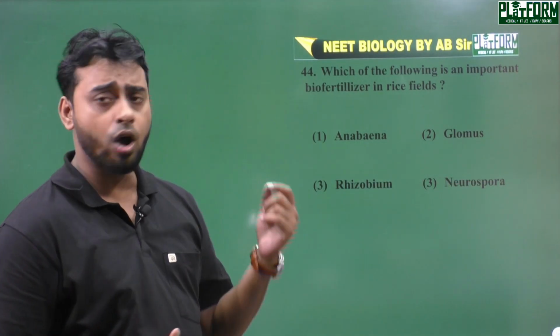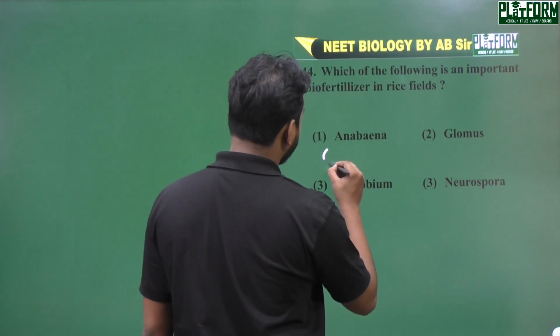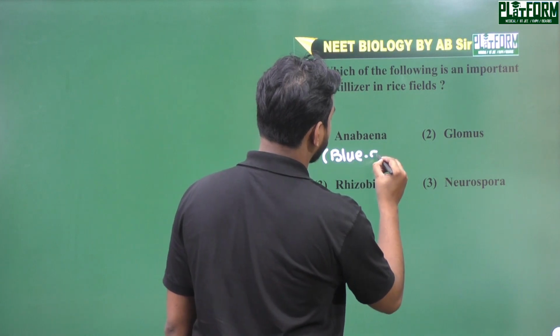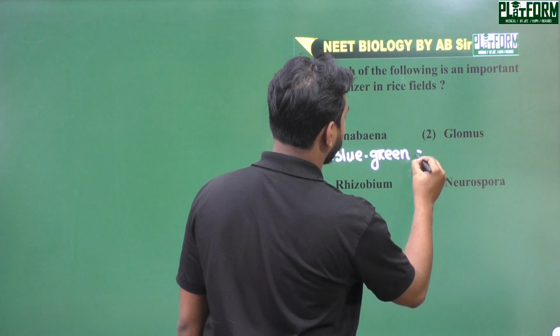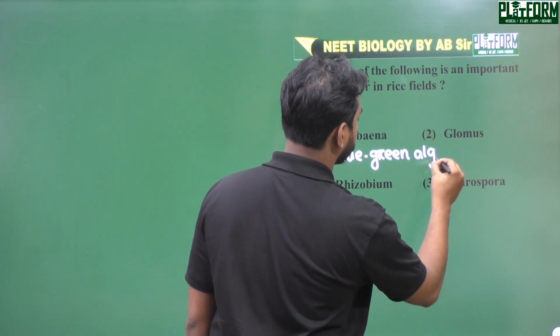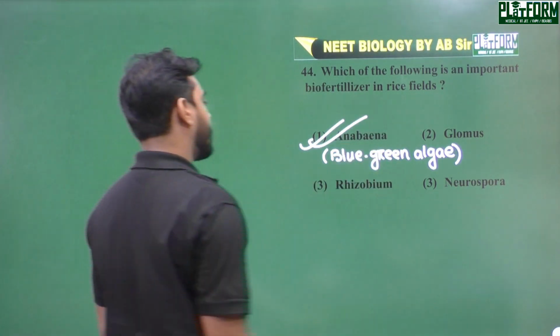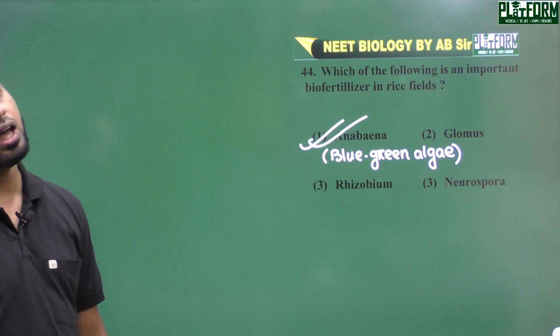So in the crop field, the biofertilizer which is used is the blue-green algae, or you can say it is a cyanobacteria, that's the Anabaena. So the correct answer will be Anabaena.